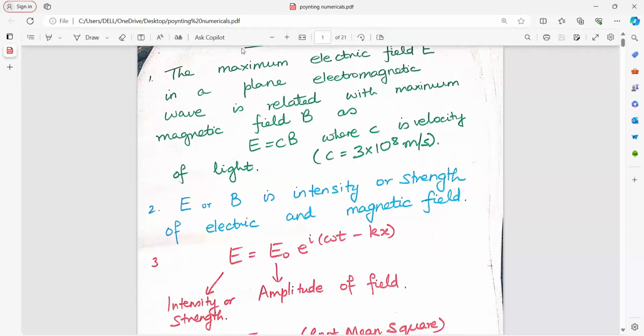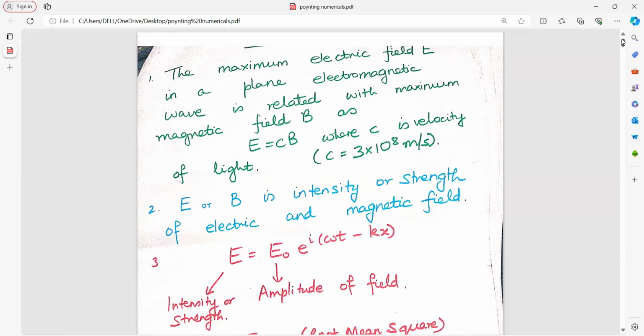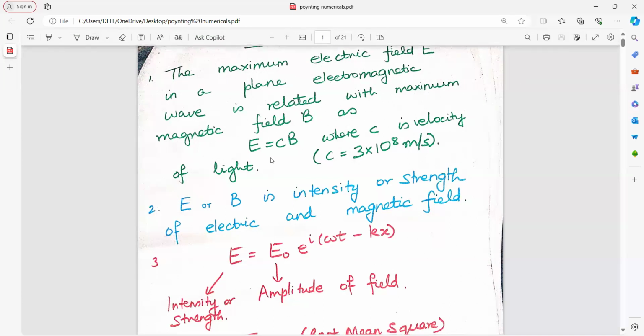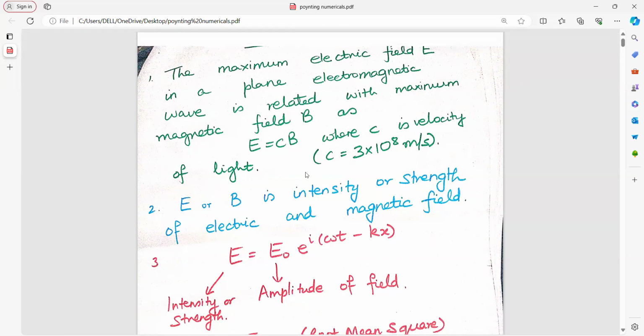Let us begin. Since Poynting theorem is related to the electric field component and the magnetic field component, the maximum electric field in a plane electromagnetic wave is related to the maximum value of the magnetic field by the formula E is equal to C into B, where C is the velocity of light.